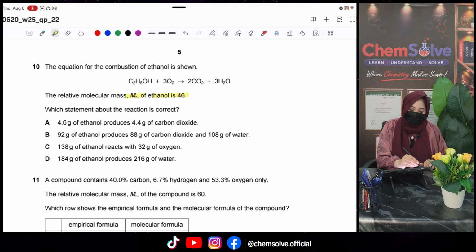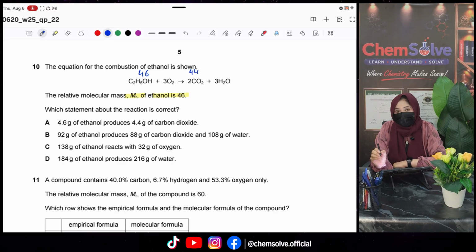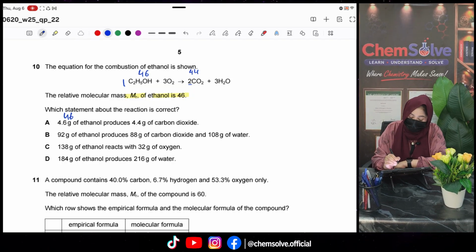So the Mr of ethanol is 46, while the Mr of carbon dioxide is 44, right? And you can see the ratio between them is 1:2. So it means if we need 46 grams of ethanol, then carbon dioxide would be 88.